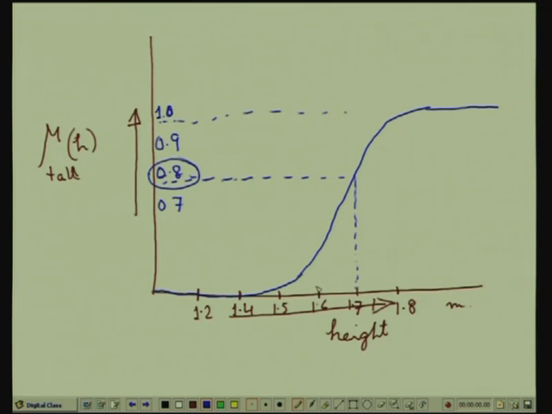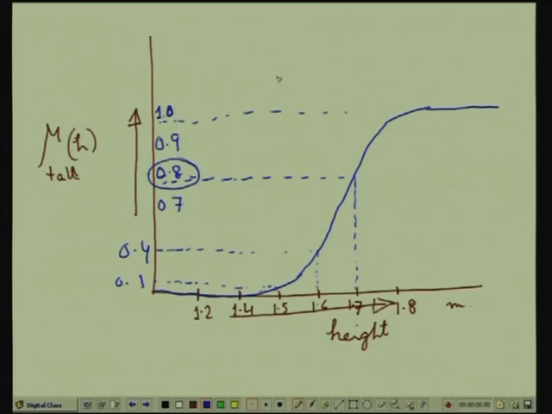If somebody comes with 1.6, I will also give him a place and maybe with a degree 0.4. If 1.5 comes in, he is also not deprived, he will get probably 0.1, and below that everybody is getting 0 or something.